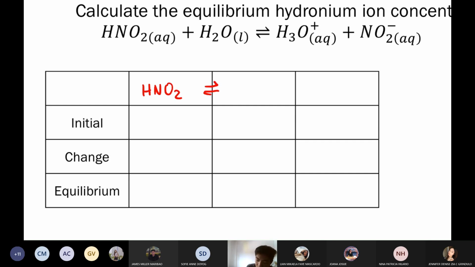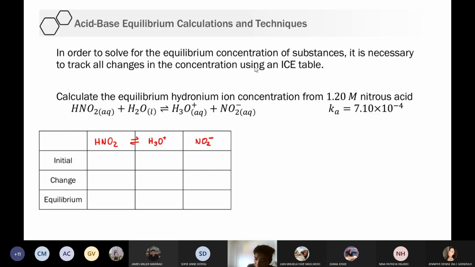So, we have HNO2, it will dissociate into hydronium ion and nitrite ion. Yung mga liquid, wag mo na isama kasi hindi mo naman siya isusulat sa equilibrium constant. Let's take another look sa problem. The initial concentration of nitrous acid is given as 1.20 molar. So that means itong initial concentration na to ay 1.20.